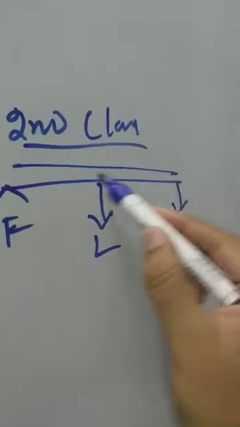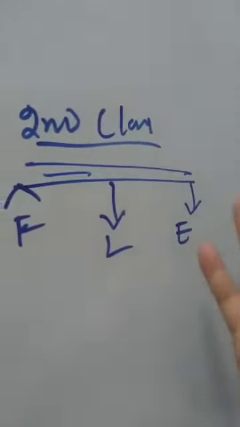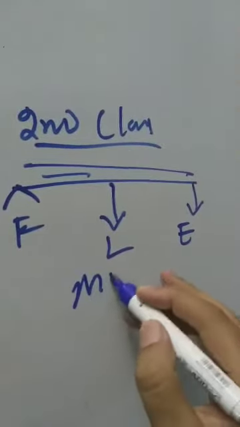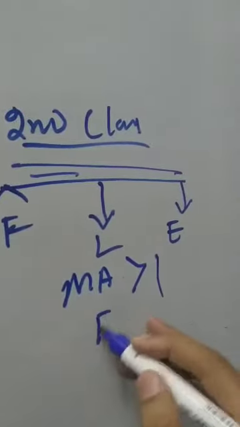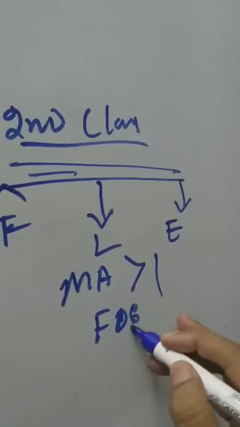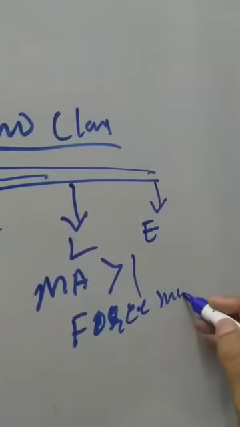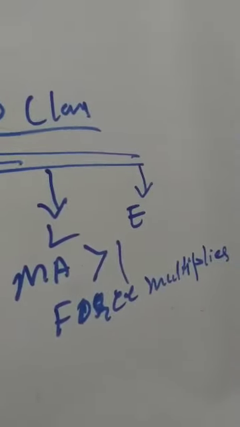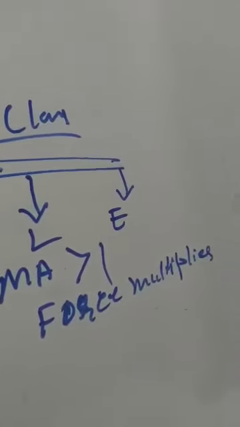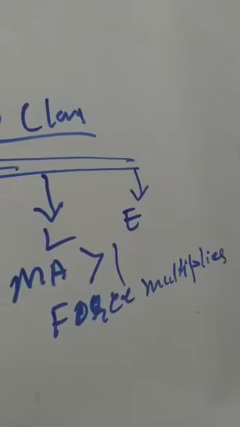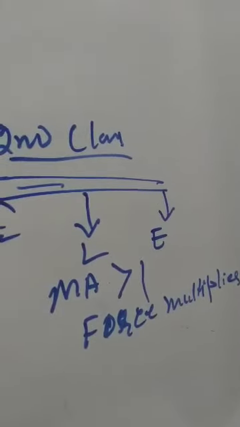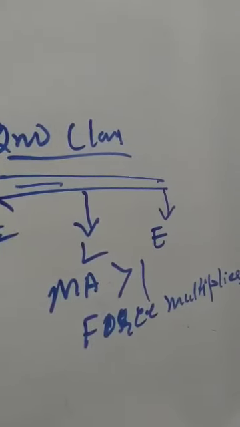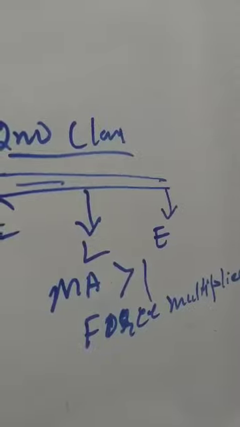Wherever the position of load you see here, the effort arm will always be greater than load arm, because load has to be in between if it is second class lever. Then the mechanical advantage of this lever will always be greater than 1, and it will always be used as a force multiplier. Second class levers are always used as force multiplier because the mechanical advantage is always greater than 1. Wheelbarrow, bottle opener, nutcracker. These are the examples of class 2 lever.